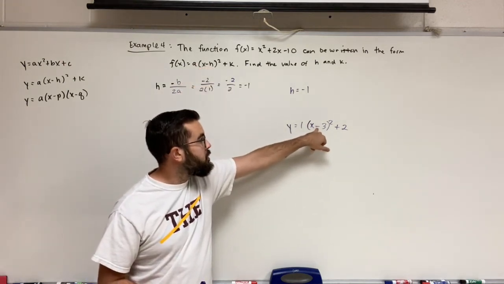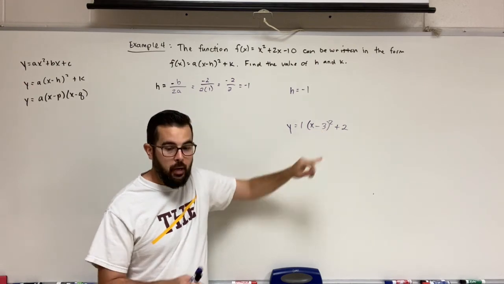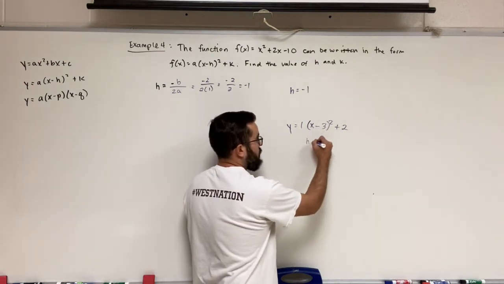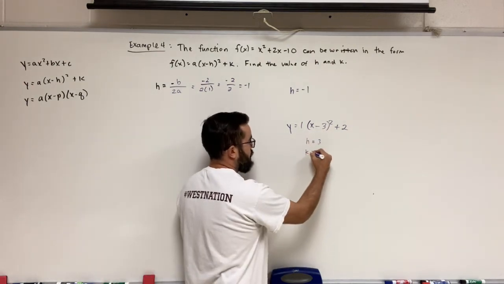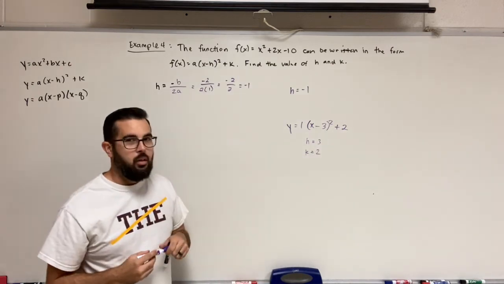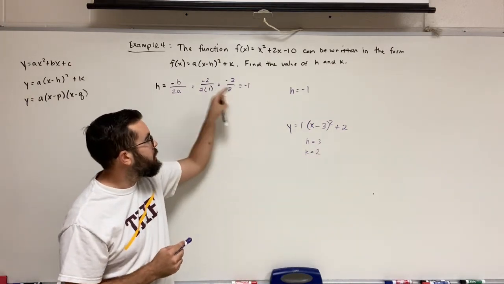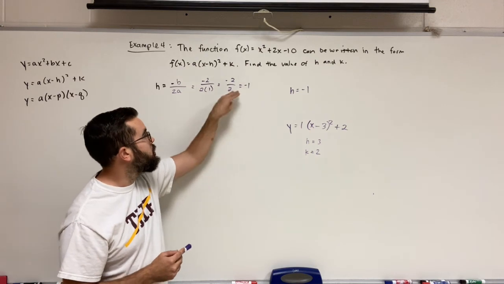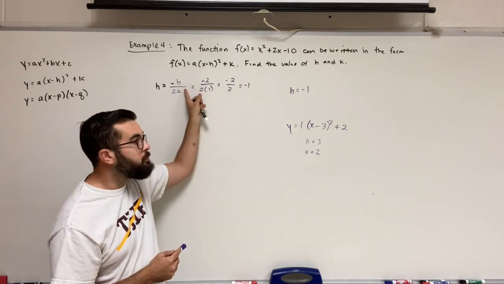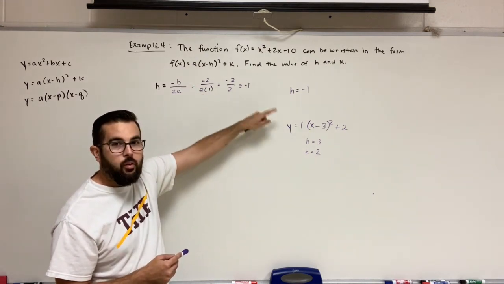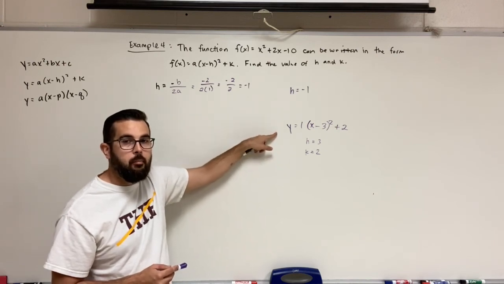So in order for this to stay a minus, this h has to be positive. So h is 3 here and k is 2. So that's a mistake I see people make, is when they're actually solving for h and using the minus b over 2a, this is your h value. Don't think of it like when you take it from an equation.